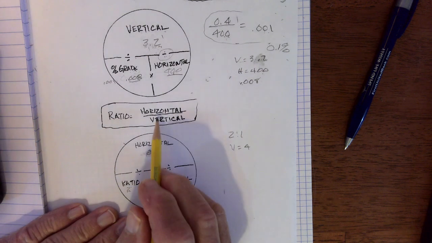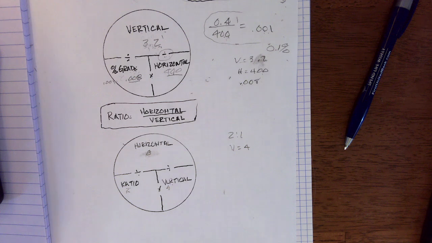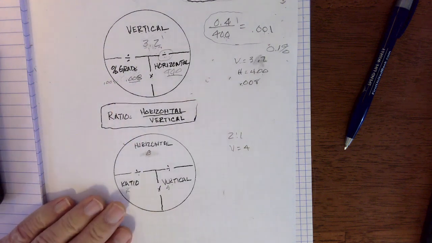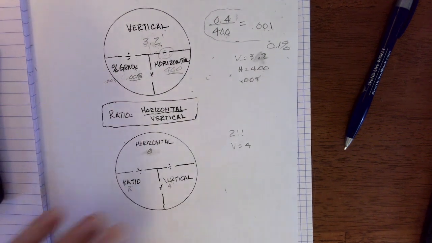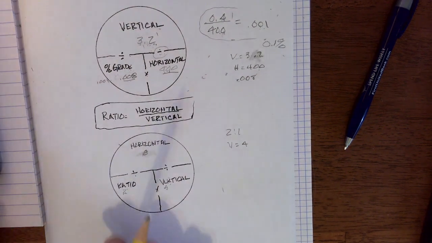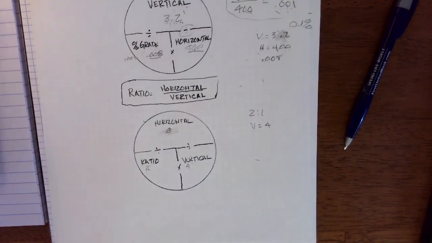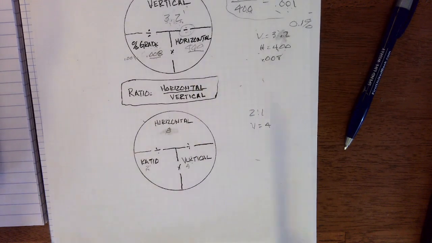The horizontal is divided by the vertical to get your slope ratio. Now, I'm going to take you through an exercise here. I don't think we have any percent grades in my little practice questions, but you can play with this. Just pick a percent grade, pick a vertical, and it'll give you the horizontal.